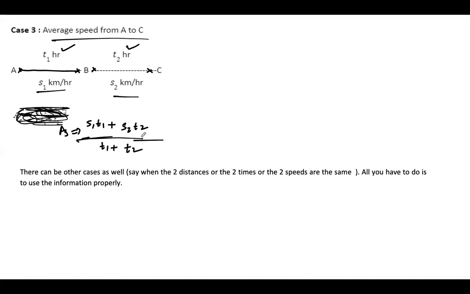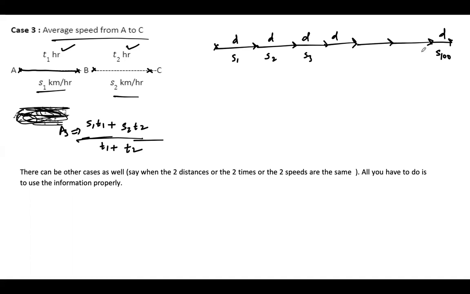T1 plus T2. This is a question for, let me ask someone, Nupur. Let's say there are 100 such stretches, with speeds S1, S2, S3, up to S100, and the distance is D, D, D and so on. You need to calculate the average speed.